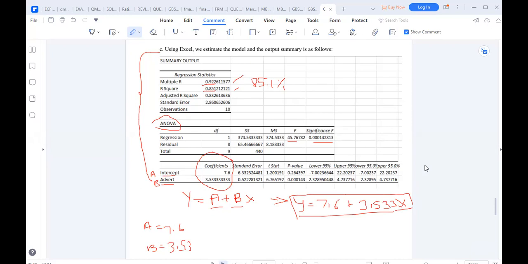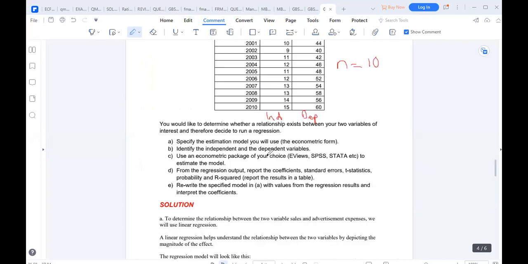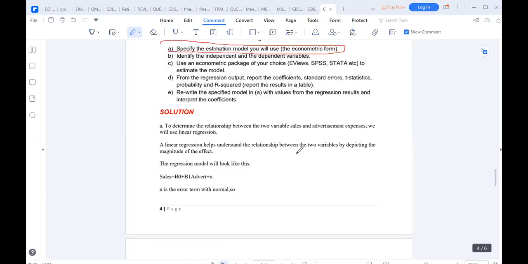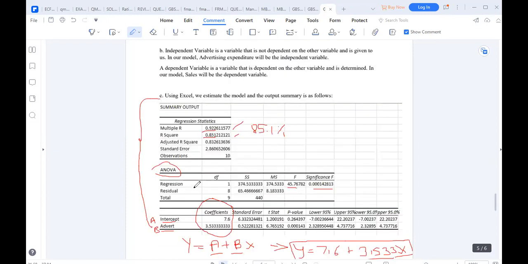Yes. The next question you may ask is the same exact questions. Okay, the model, you may not ask because everything has been done in an economic model. You say, identify the dependent and independent variables. Which ones are our dependent variables? You can even tell from here.